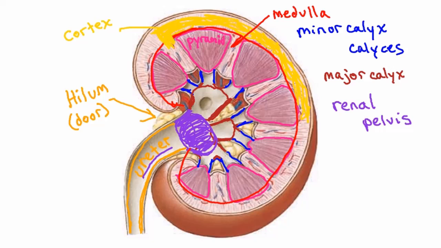The cortical tissue comes down from the cortex and goes in between each of the pyramids. You see that? And those are called columns.